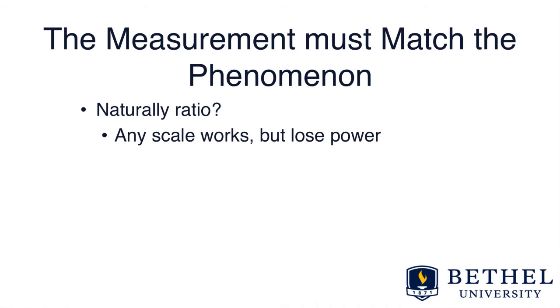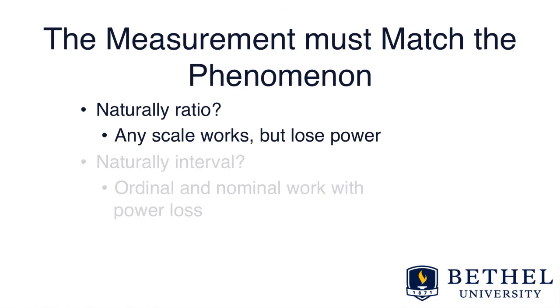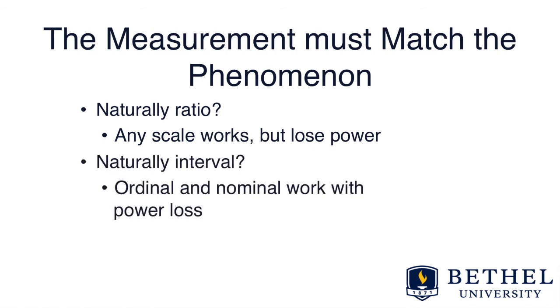If something is naturally ratio, then any scale will work. But scales will lose their power if you're not using a ratio scale. If something is naturally an interval scale, that there is equal distance between occurrences of the phenomena, then you can use an interval scale, and ordinal and nominal scales will also work, but you'll lose a little bit of computing power.